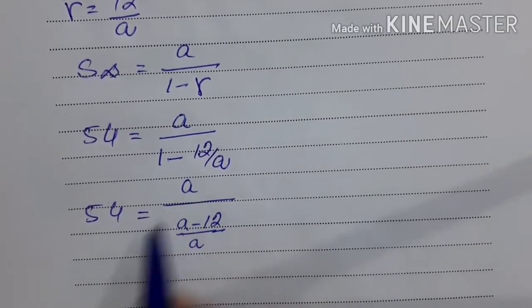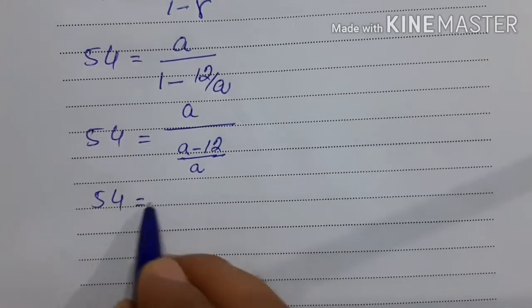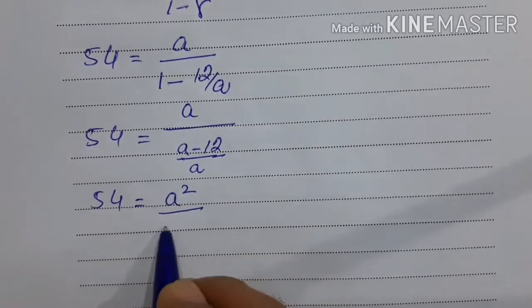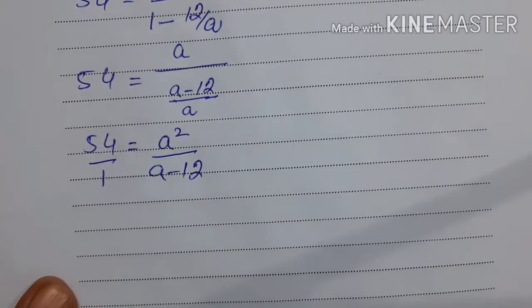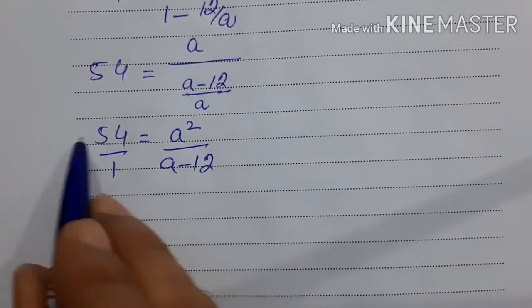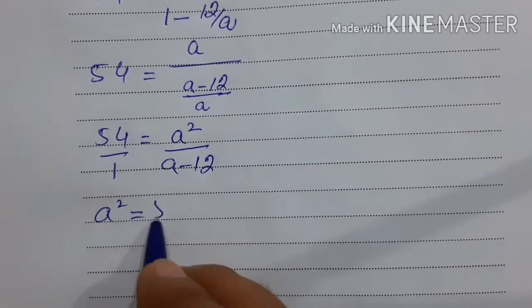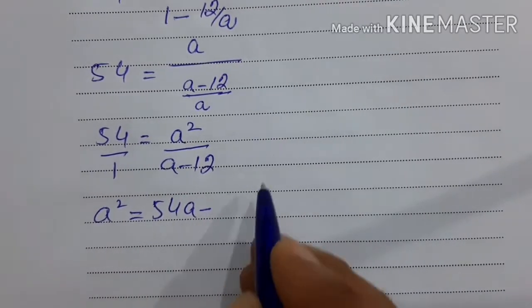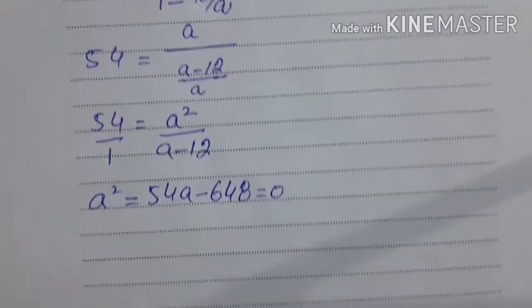So A will go upside, it will be 54 is equal to A square over A minus 12. By cross multiplying, this will become A square is equal to 54A minus 648.